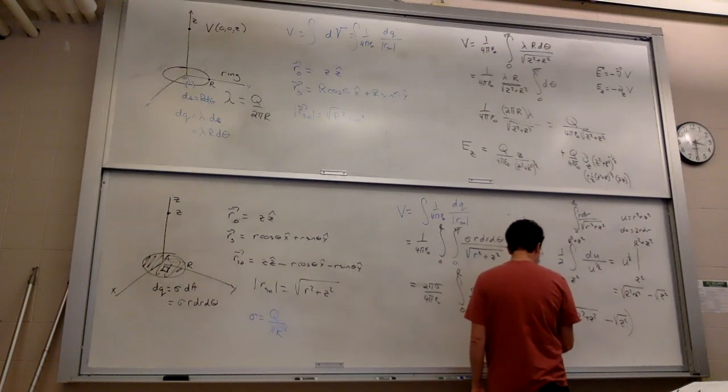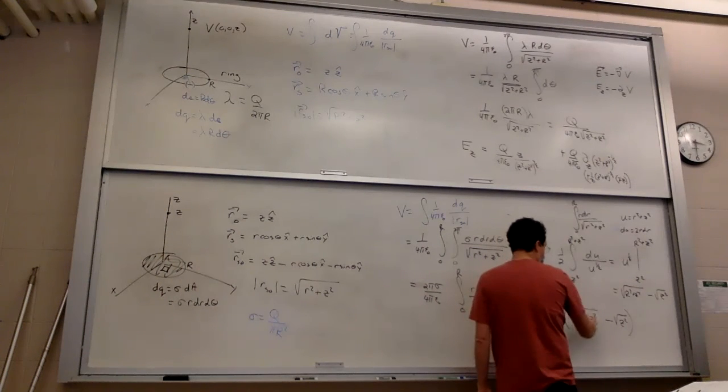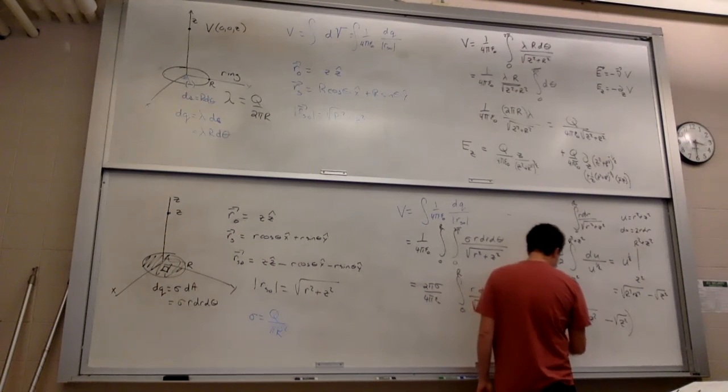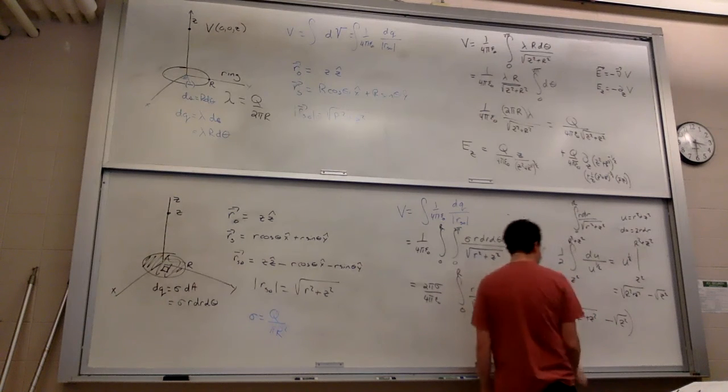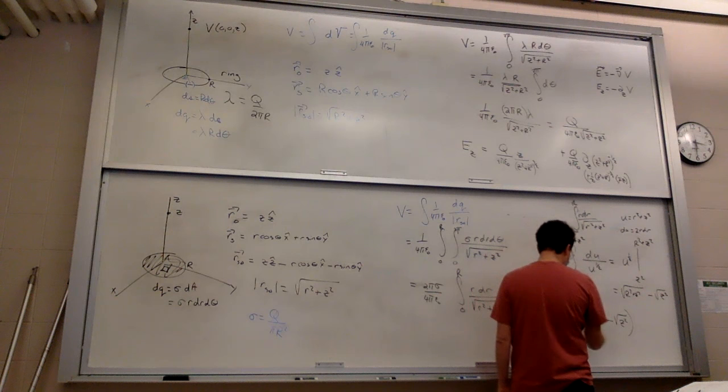I get constants out front, sigma over 2 epsilon naught. This is this thing to the 1/2 power. So I get the old x multiplied by the old exponent. And I have to lower this power by 1.